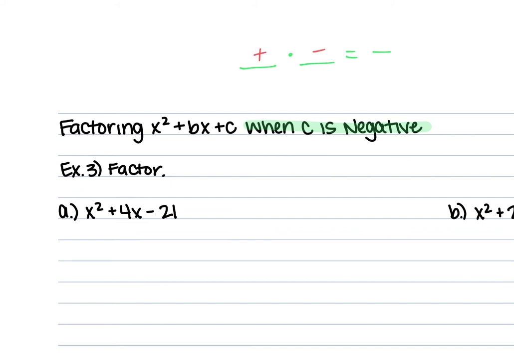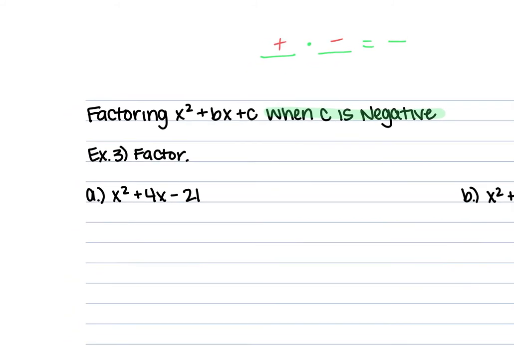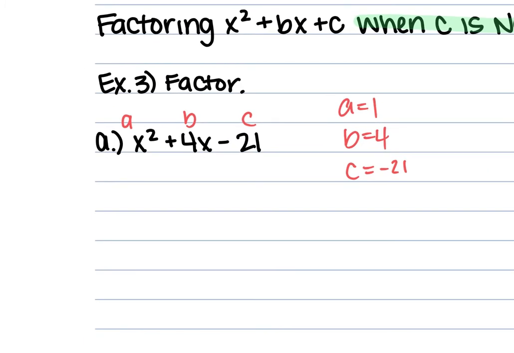Yes. Can I do A? Yeah, go for it. So for A, you have to label them A, B, C. A is equal to 1, B is equal to +4, and C is... So it's going to be -3 plus 7.